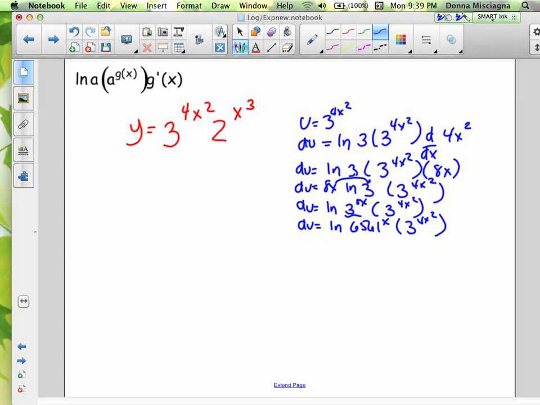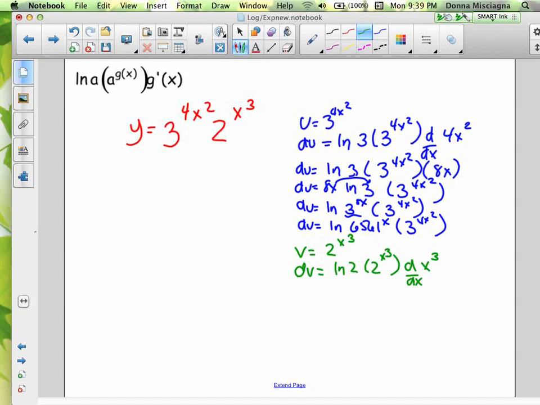So if you don't want all those terms, you can just condense that. And let's take care of v here. V was, and it'll probably be nicer to have it condensed when we get to the next part. V is 2 to the x cubed. All right, so dv is going to be natural log of 2 times an exact copy, 2 to the x cubed, and then we have to take the derivative of the x cubed part.